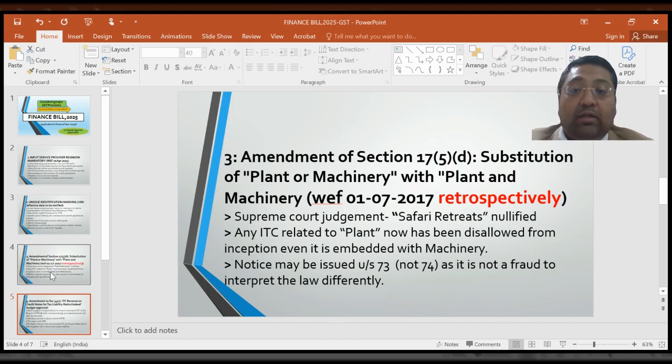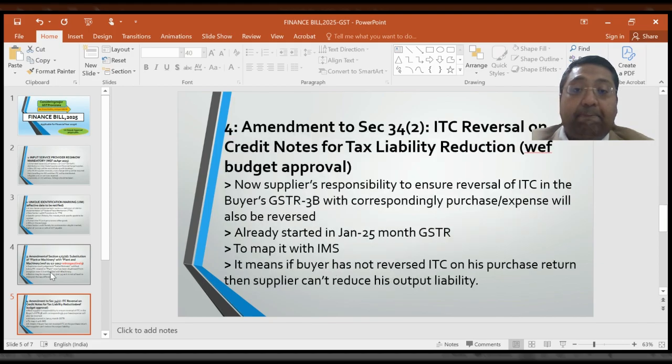Now we come to the fourth amendment, which is related to section 34. It speaks about the ITC reversal in case of credit note for tax liability. Now it is the supplier's responsibility to ensure the buyer has reversed the ITC in his GSTR 3B.